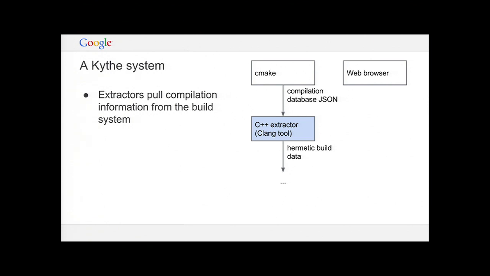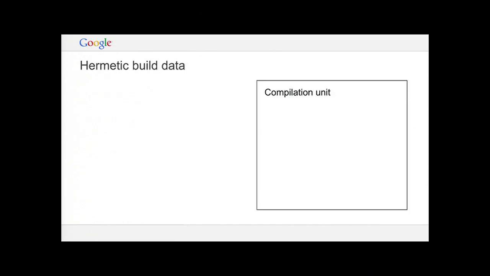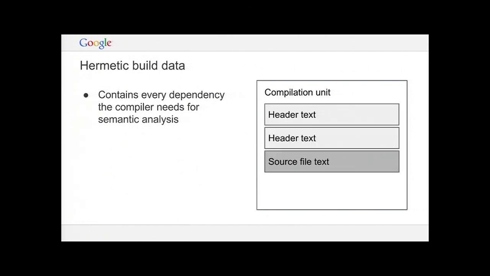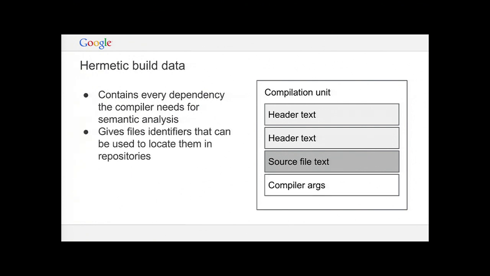And what is that, and how is it different from the compilation database? The unit of hermetic build data is a compilation unit. This contains every dependency that a front-end might need for doing semantic analysis. It contains the full text of the header files involved, of the source files involved, and the environment that the compiler used to build the software. It also gives files identifiers that can be used to locate them back in the original repositories from whence they came.